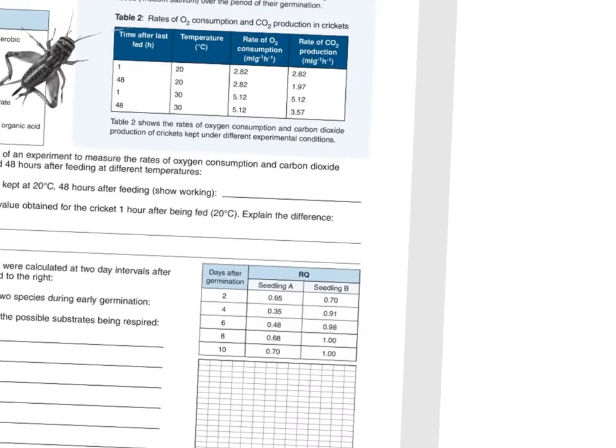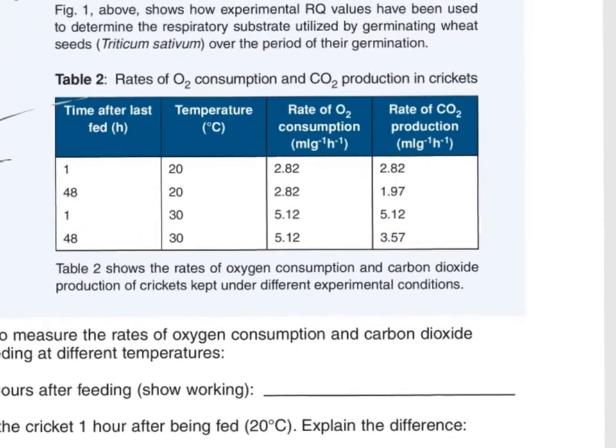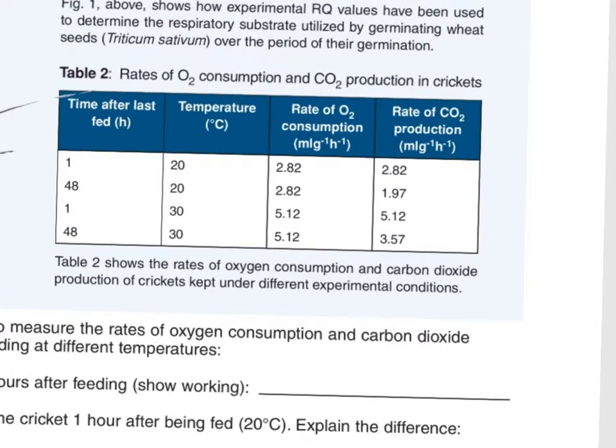Just to be clear, when we're looking at this table, the RQ value between these two is what? 0.7. Everybody sees that the RQ value here is 1, right?